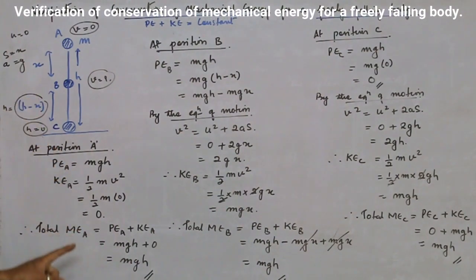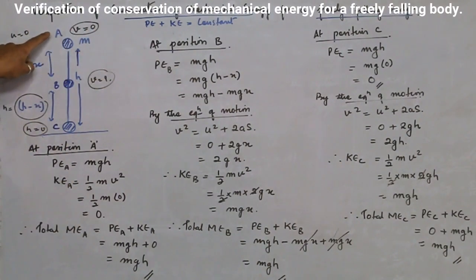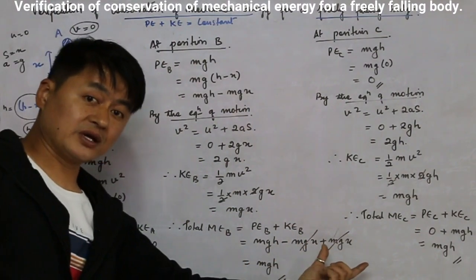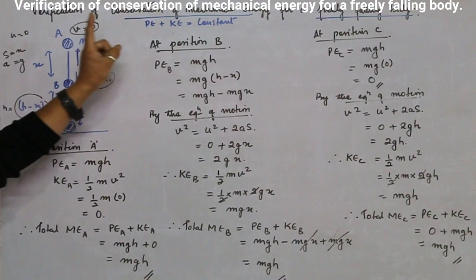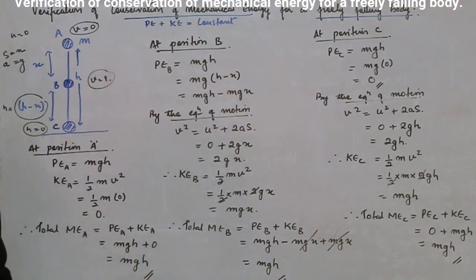If you notice, the total mechanical energy at A, B and C are all the same. This is the verification of the conservation of mechanical energy for a freely falling body.